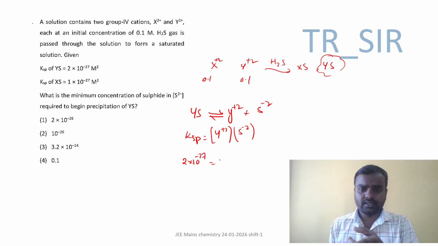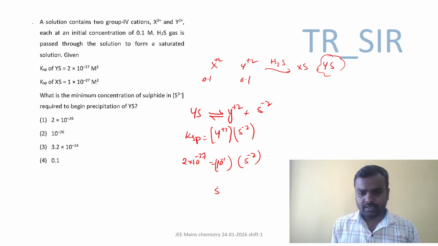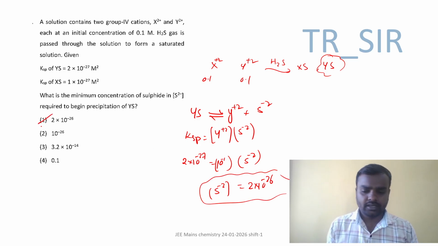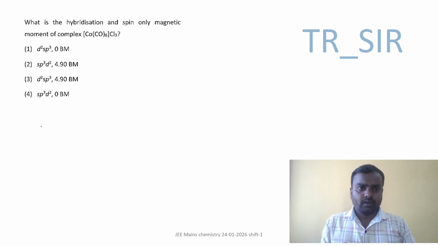The Y2 plus concentration is 0.1, that is 10 power of minus 1. So the sulfide concentration S2 minus is 2 into 10 power of minus 26, which is the answer for this question. So option A is the correct answer.